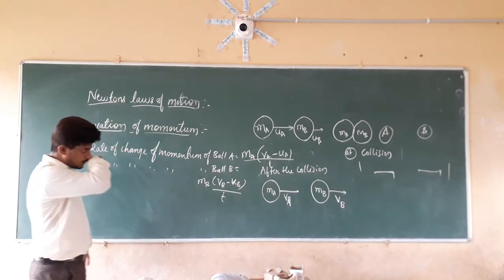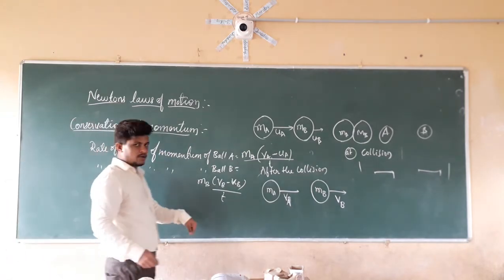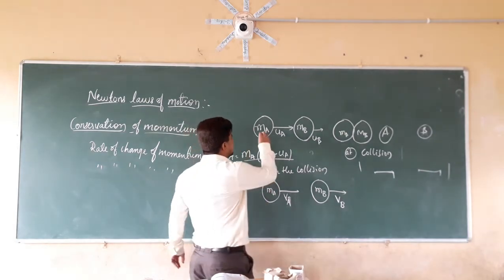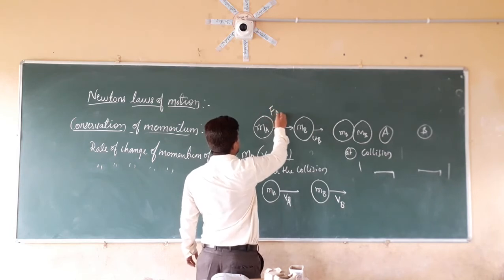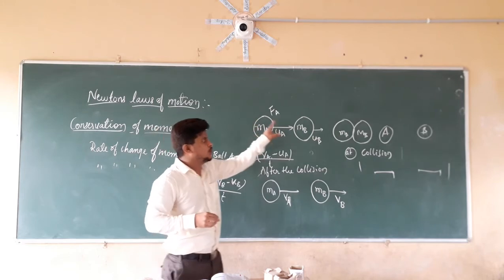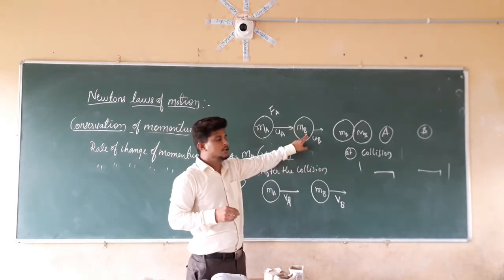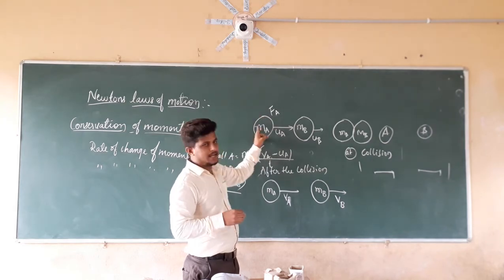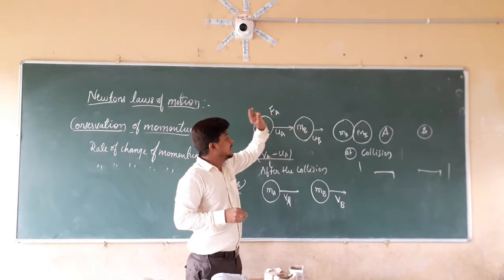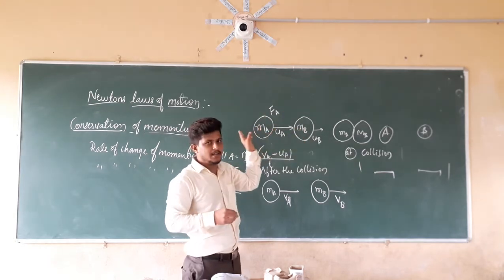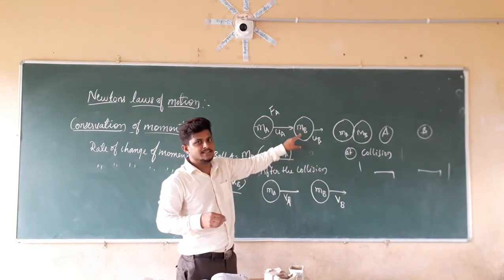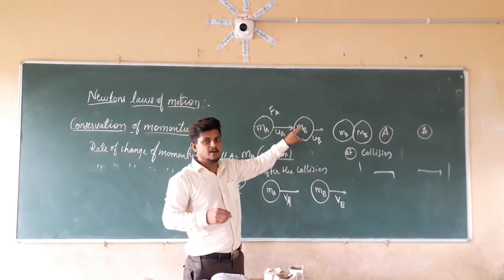Right? So we already know about Newton's third law of motion. If the force applied by ball A on ball B is FA, this ball is going to exert some force on ball B. By Newton's third law, ball B is also going to exert a force on ball A. For every action there is an equal and opposite reaction.